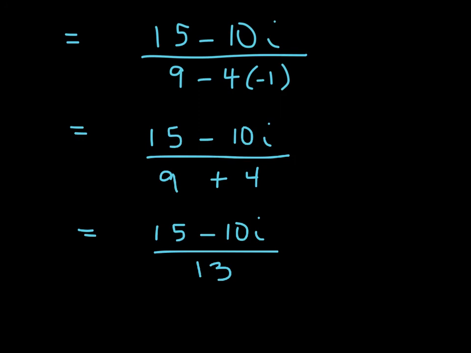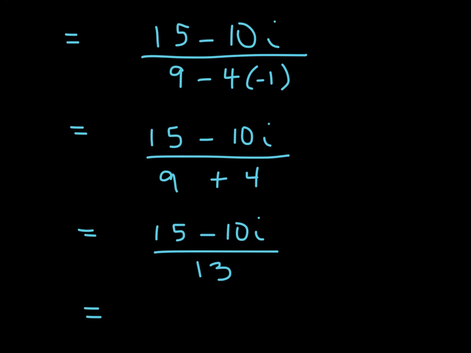Now this is not your final answer because, like, what would be your real part? It might be a little confusing as to what your real part is and what your imaginary part is. So standard form says separate your real part from your imaginary part. So then this is 15 over 13 minus 10i over 13.